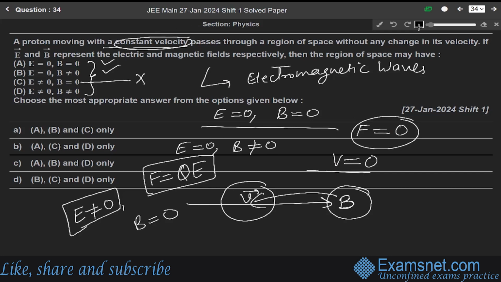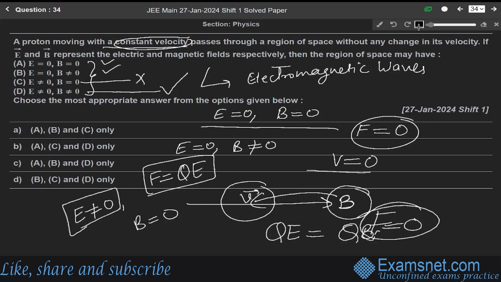And statement 4 is E is not equal to 0 and B is not equal to 0. When E is not equal to 0 and B is not equal to 0, there comes a condition where, suppose, the force due to the electric field becomes equal and opposite to the force due to the magnetic field, so the total force will be zero, and due to this the velocity remains constant.